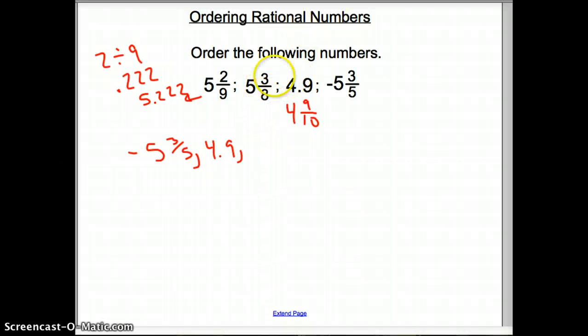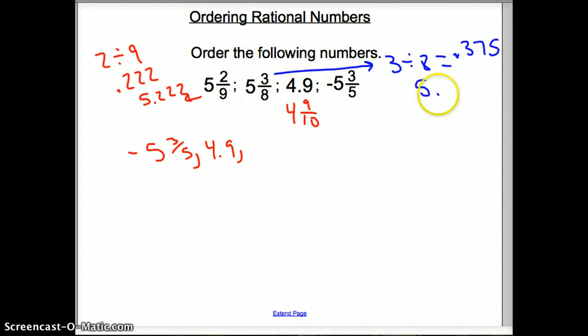And I'm going to do the same thing here. I'm going to grab a different color real quick, draw an arrow to show you where I'm working. So we go top, which is a 3, divided by 8, and so 3 divided by 8 turns into 0.375. So I throw the 5 in front, so it's 5.375.